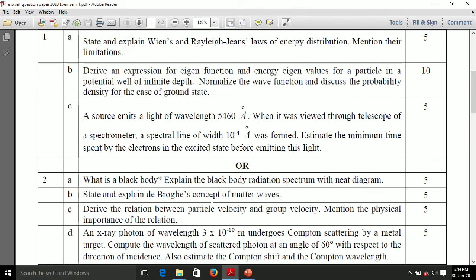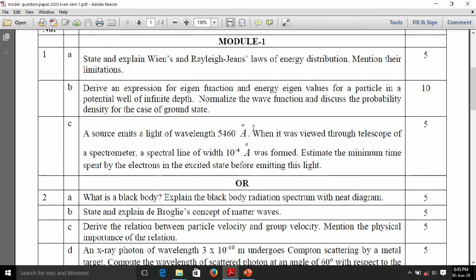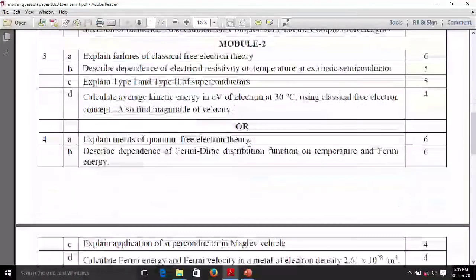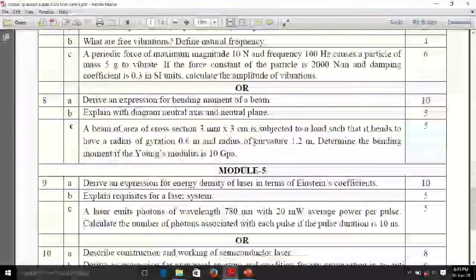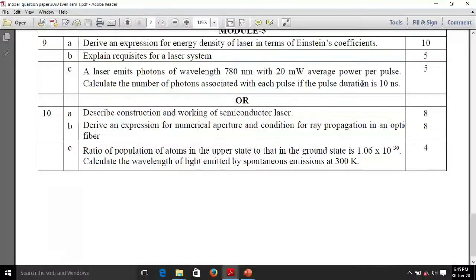So it is good to remember that you have to choose any one of the two main questions from each module, and you have to answer all the sub questions from the same main question that you have chosen. In this way, a total of 10 questions have been given and you have answered them.